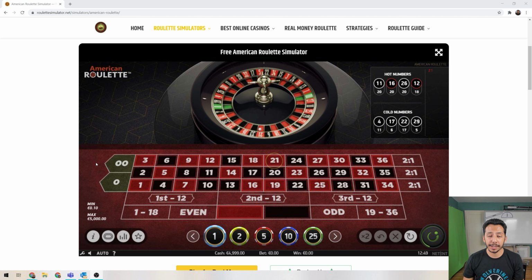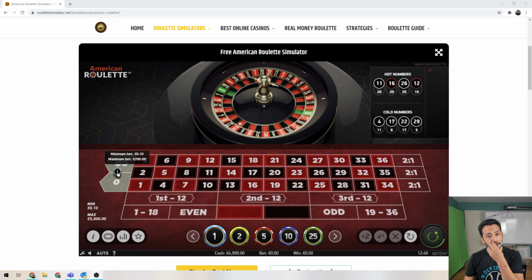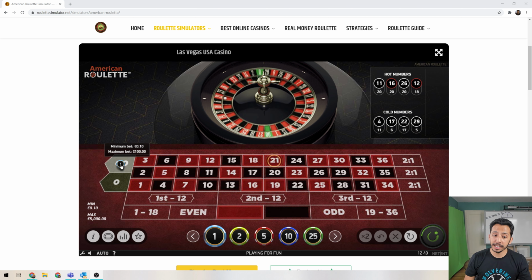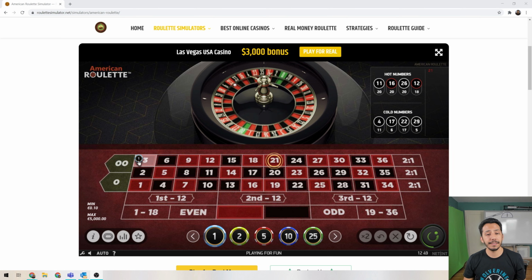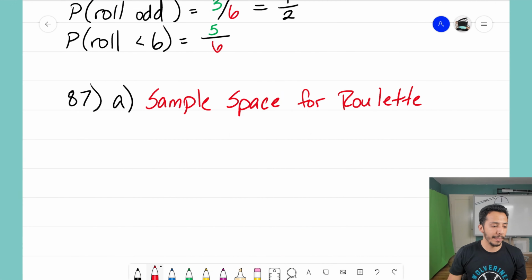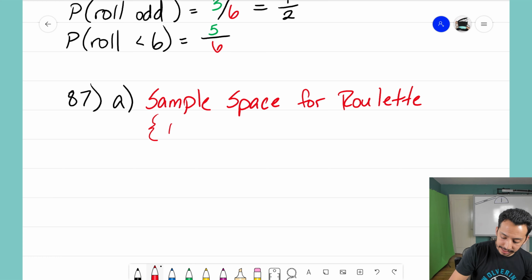Now, we call this an American roulette table. American roulette tables have a 0 and a double 0. A European roulette table does not have the double 0. But we're going to play American roulette because we are Americans here. So this is how we're going to write this out. Remember, curly bracket. We're going to write it out as 0, comma, double 0, comma, 1, 2, 3.